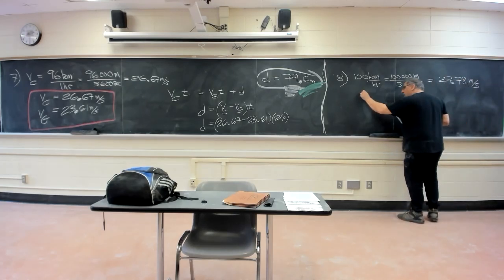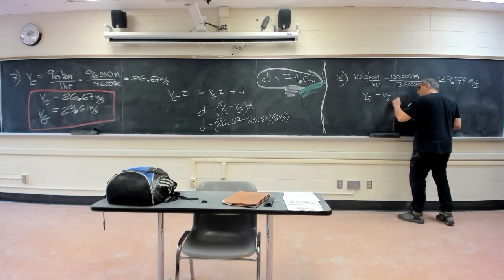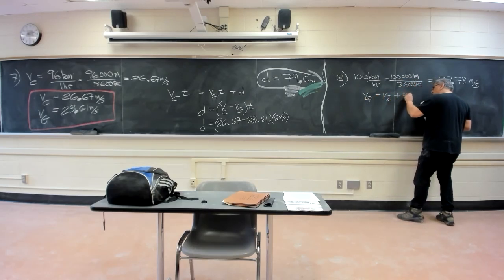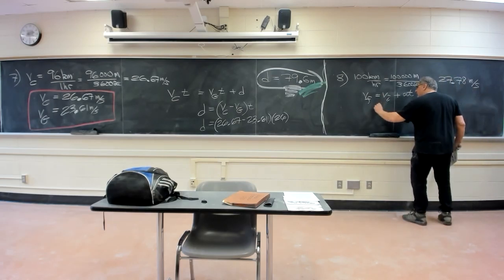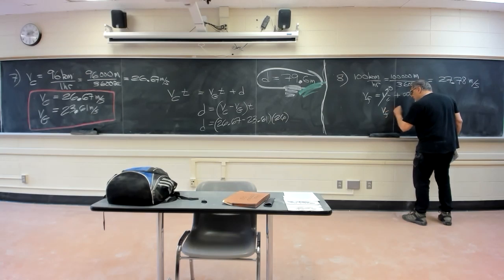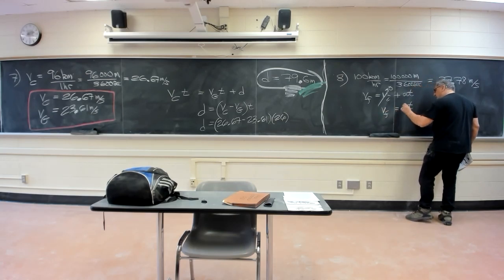If you're going to play this game, VF equals VI plus AT. And the VI, you started from a dead stop, so the VI is 0. VF equals AT.